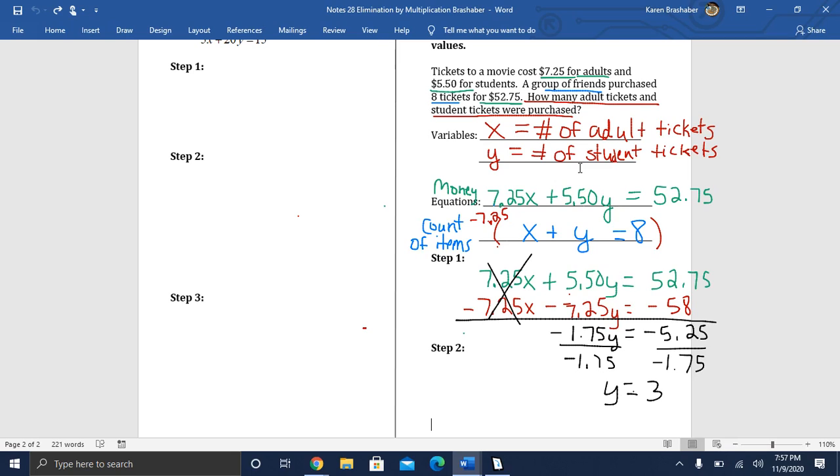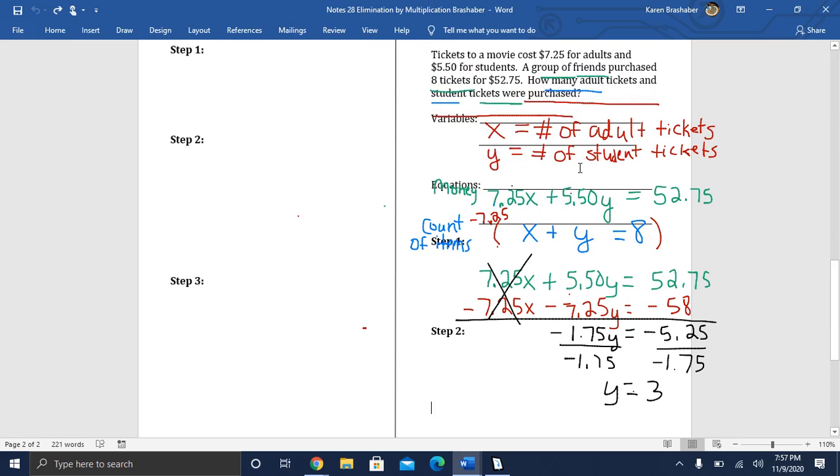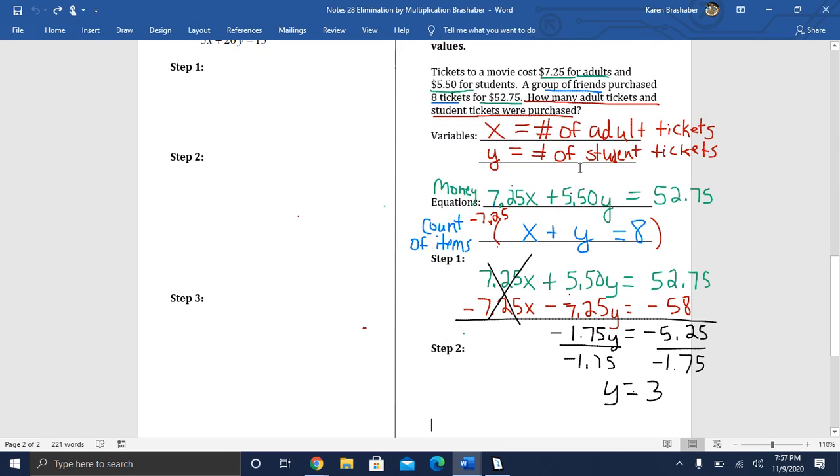I could substitute that y equals 3 into my equation that I've written in green, but that would be a lot of work. Instead, for my step 3, I just need to substitute into my bottom equation, which is much easier. In order to keep my writing on the screen, I'm not going to move down to where it says step 3, but this actually is step 3.